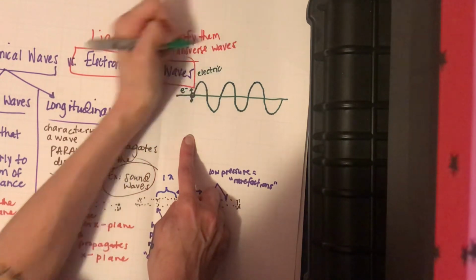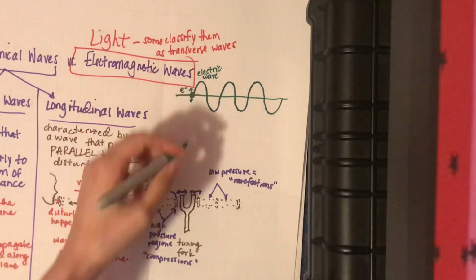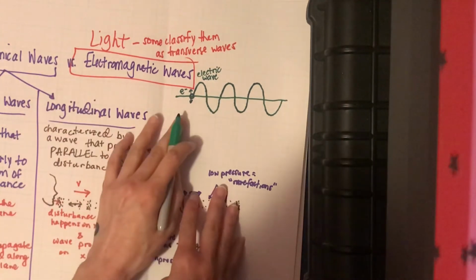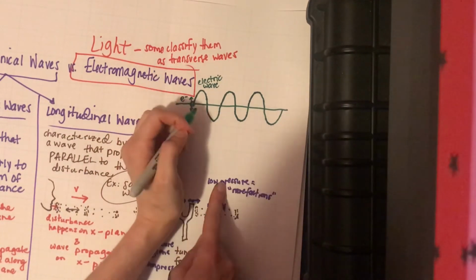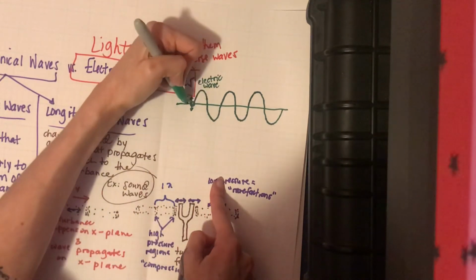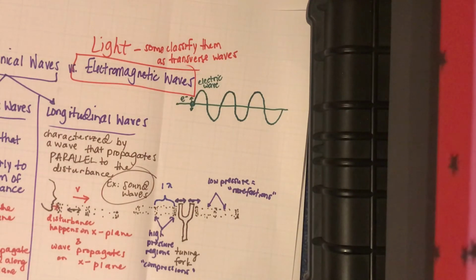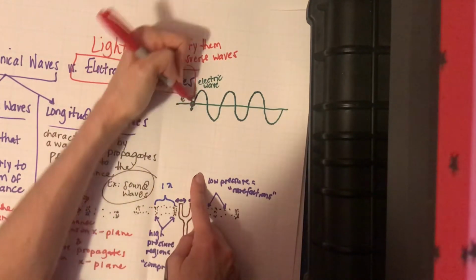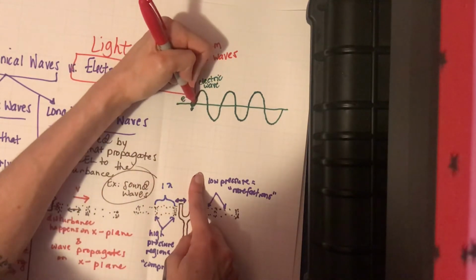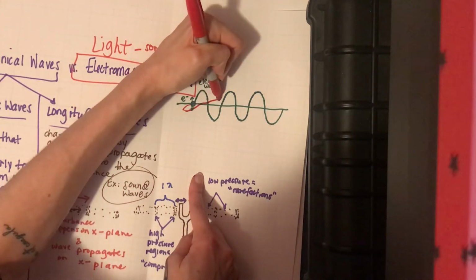But anytime we have a moving electron, we're generating a magnetic field. So special or unique to an electromagnetic wave is that you're going to have this magnetic wave being generated perpendicular to the electric wave. It's been a while since I've drawn this, so forgive me if it comes out not that great.